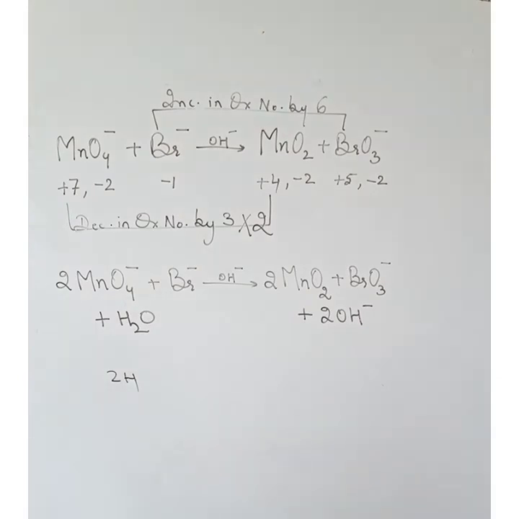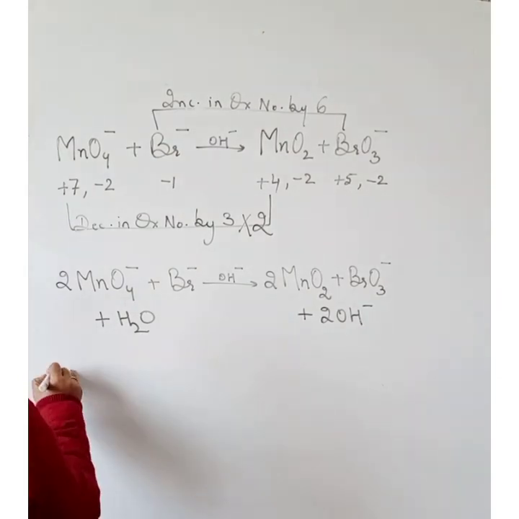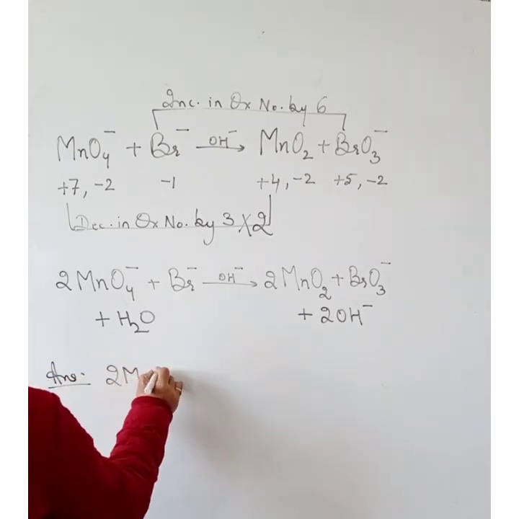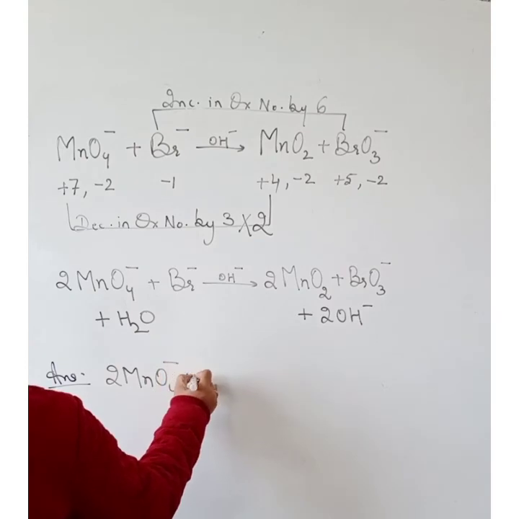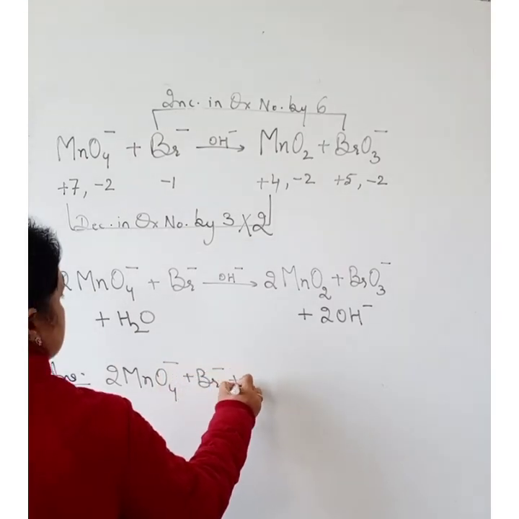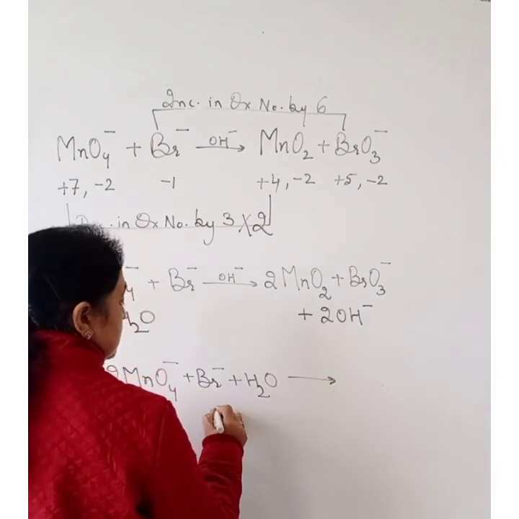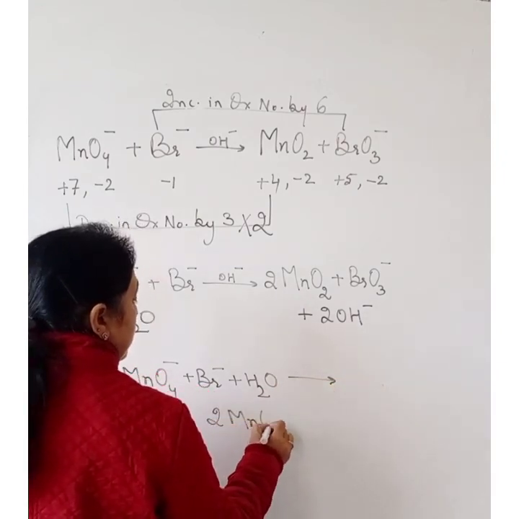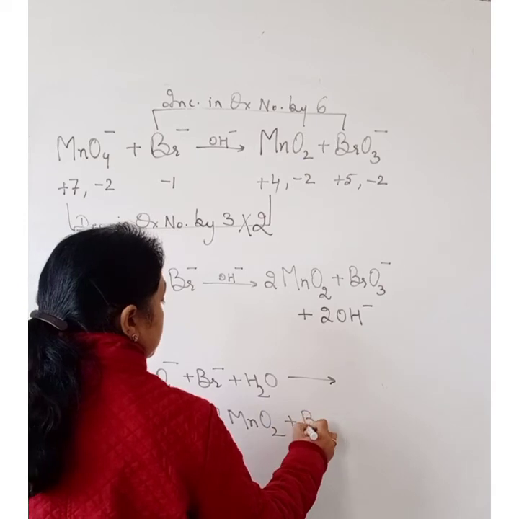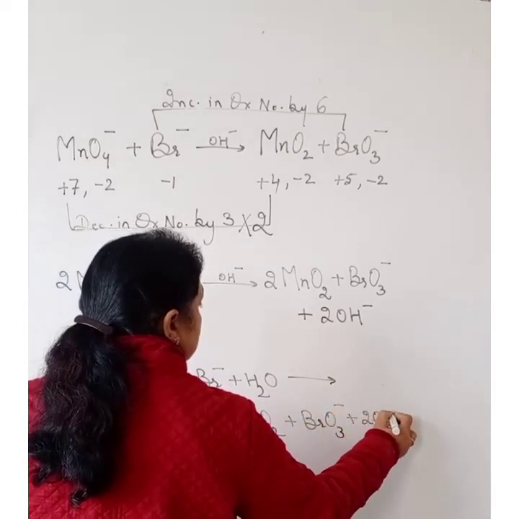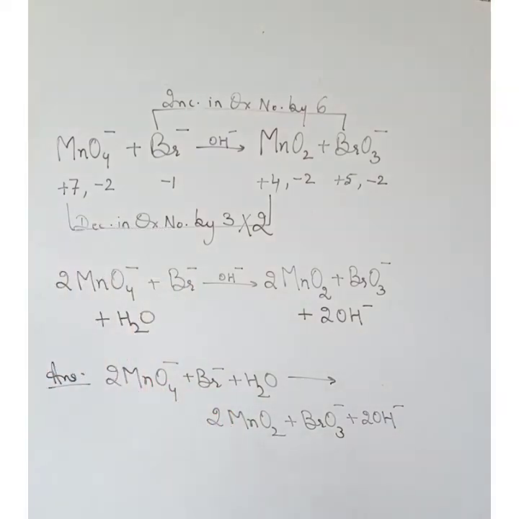That means hydrogen atoms are balanced on both sides. So we get the answer 2MnO4 minus plus Br minus plus H2O gives 2MnO2 plus BrO3 minus plus 2OH minus.